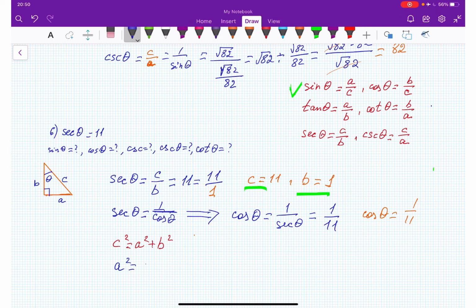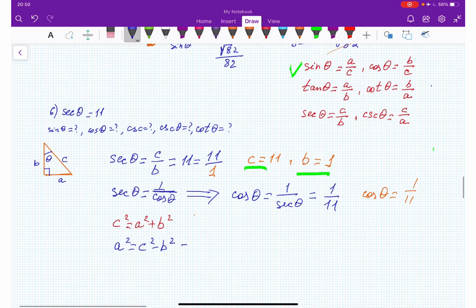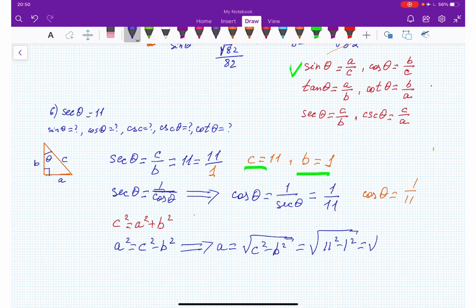A squared is equal to c squared minus b squared, right? And from here, a is equal to the square root of c squared minus b squared. If we plug in the values, we get 11 squared minus 1 squared, and we are getting the square root of 120.